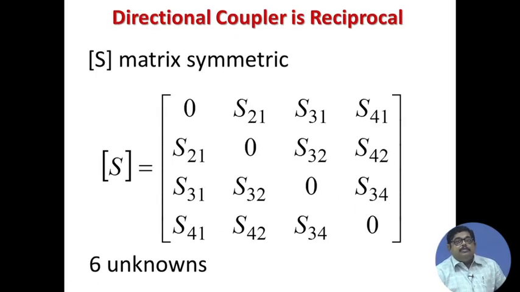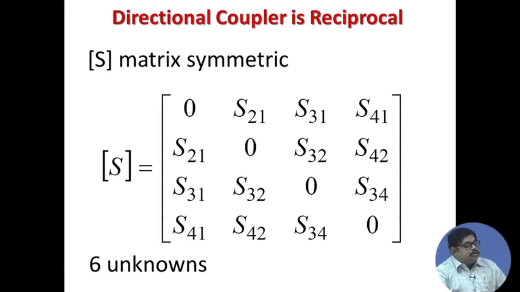Next, we know a directional coupler is reciprocal. Reciprocal means we have already found that if the network is reciprocal, its S matrix should be symmetric. So, we have enforced that symmetry, that means S12 and S21 are the same.